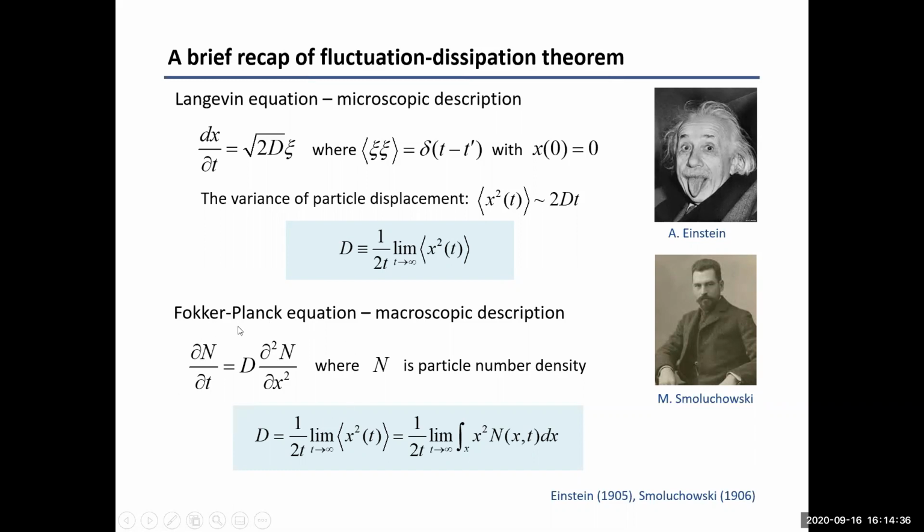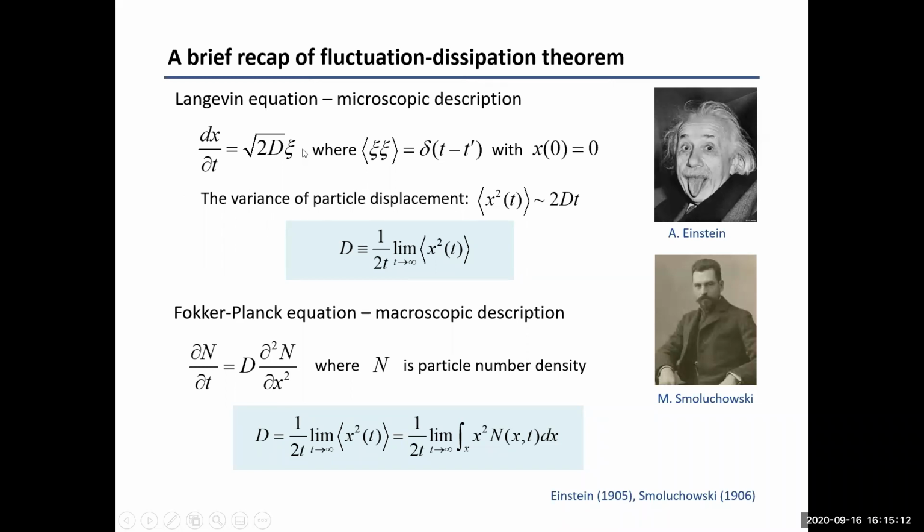So here n can be viewed as a PDF of a single particle, but also n can be viewed as the particle number density in case you have many particles. What is nice in this equation is that D can be computed by evaluating the second order moments here. In this way, we can relate the macroscopic continuum model with what is happening at the microscopic level.